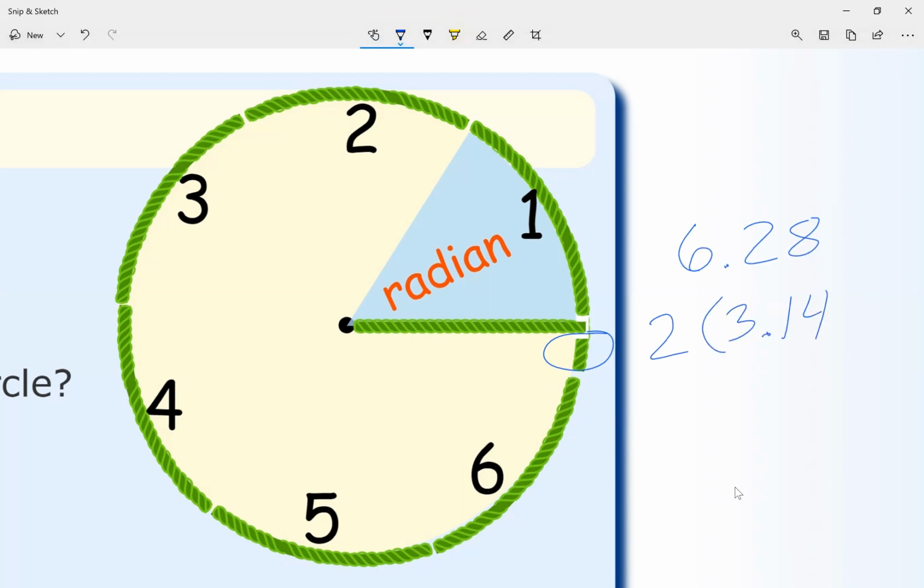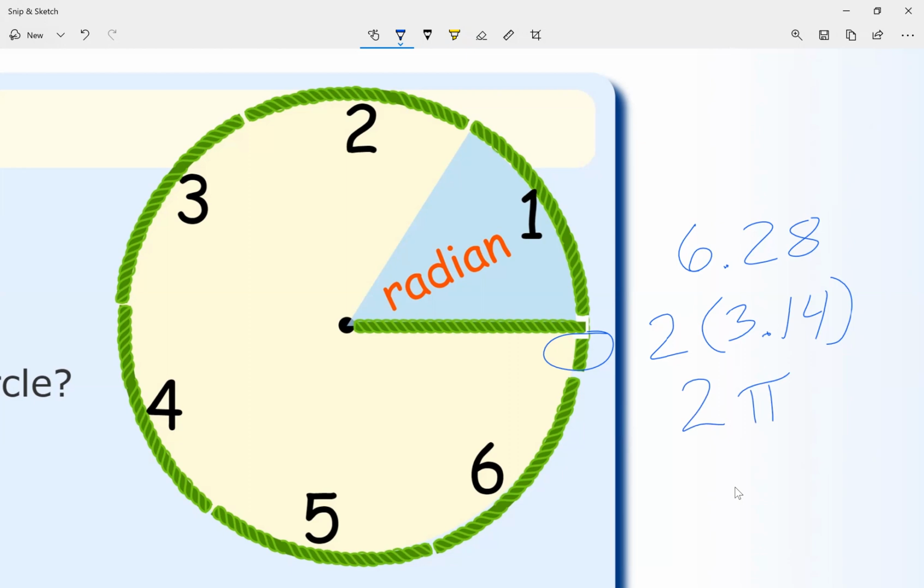Another way I can write 6.28 is 2 times 3.14. So 2 times 3.14 is 6.28, right? That's something I can write. The reason why I wrote it as a multiplication is because 3.14 is a number we have seen before. It's a number that we call pi, right? It's about 3.14. So I'm gonna say there are 2 pi radians in a circle.